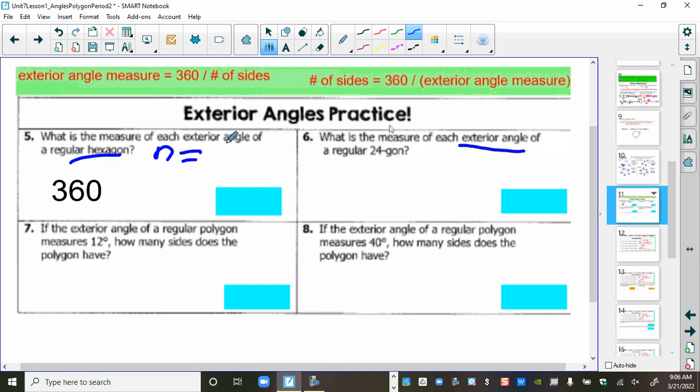That's 6 sides. So all you're doing is taking 360 and dividing it by? Do it. So if it's an exterior, so it's that outside of the hexagon. So what's 360 divided by 6? That's it.